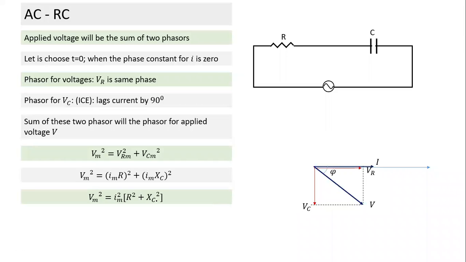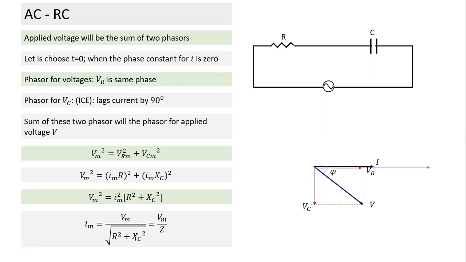This becomes this term. Now from this expression I can find the amplitude of current, which is common for both. What is the amplitude of current equal to? The amplitude of current is equal to this term. And this whole term we call impedance, which is Z. We had a similar expression in the case of the RL circuit.